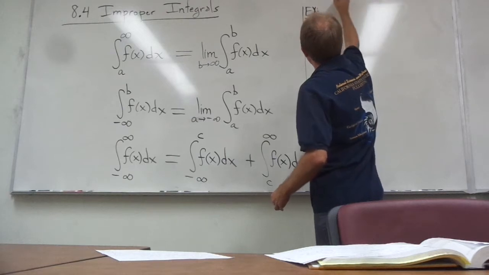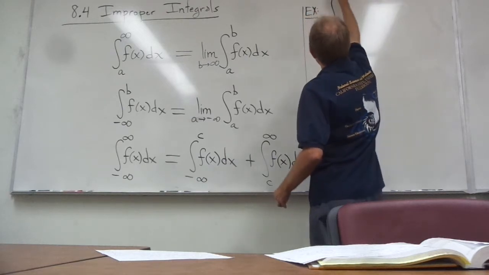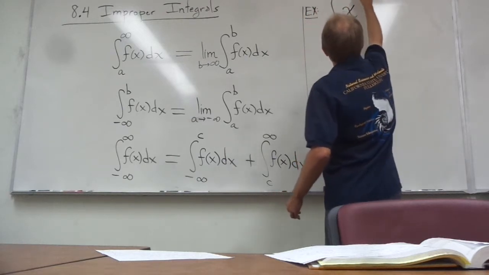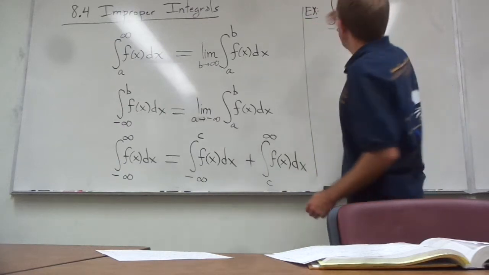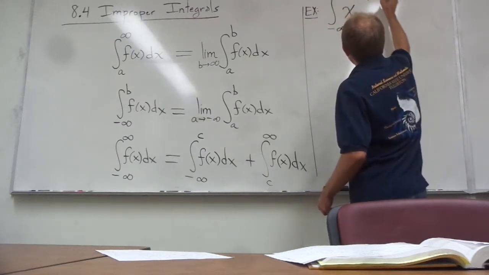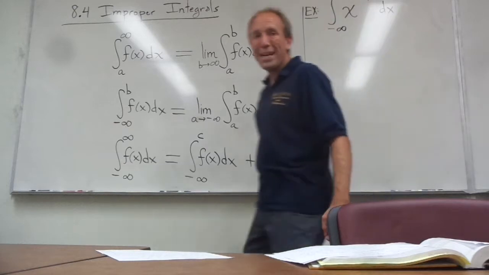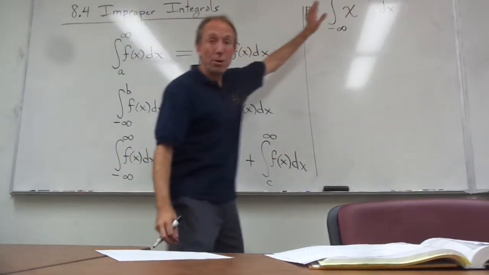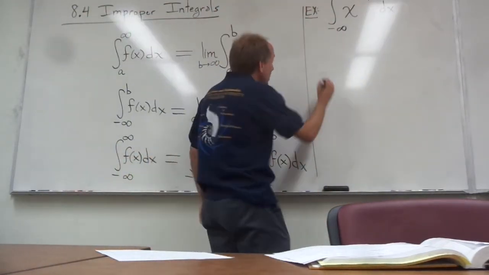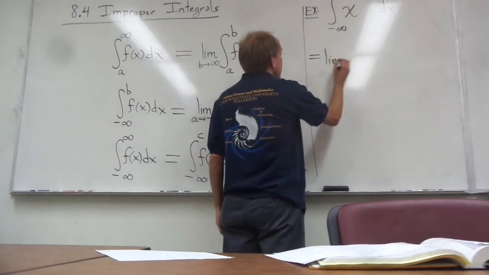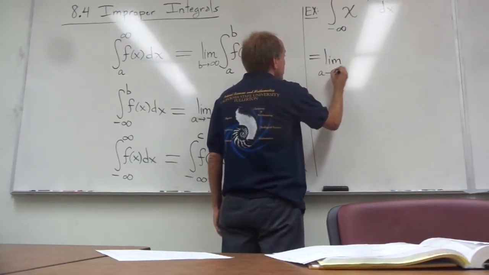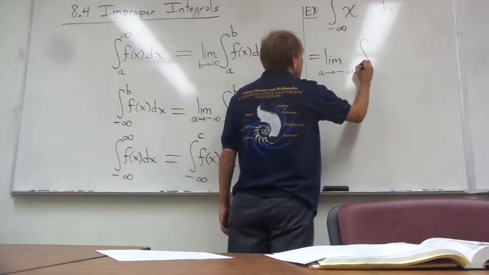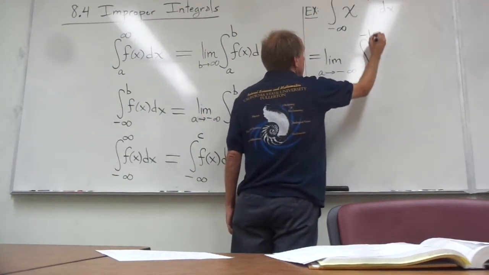Let's suppose that I wanted to integrate from minus infinity to minus 1 of x to the negative 8/3 dx. Okay, this is an improper integral. What I can do is take the limit as a goes to minus infinity of the integral from a to minus 1.